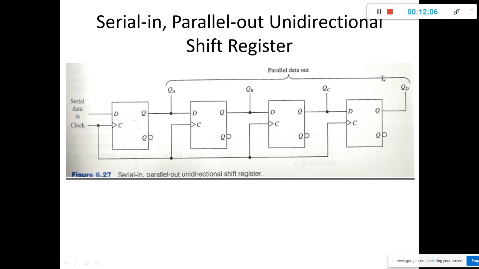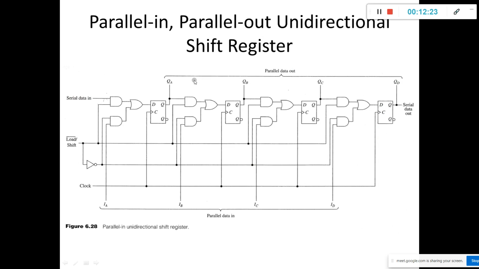Hence it is known as serial in, parallel out, unidirectional shift register. Serially we feed the input, but we take the output in parallel: QA, QB, QC, QD.